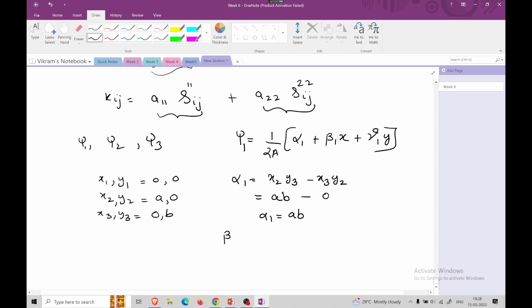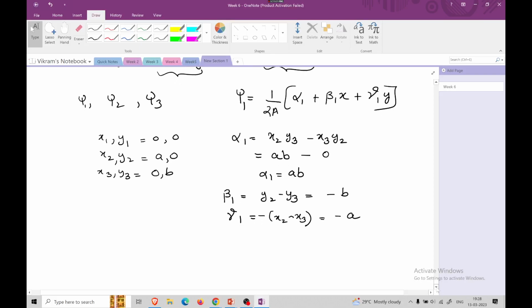What is β1? y2 minus y3, which is 0 minus b, so minus b. γ1 is minus of x2 minus x3, which is minus of a minus 0, minus a.